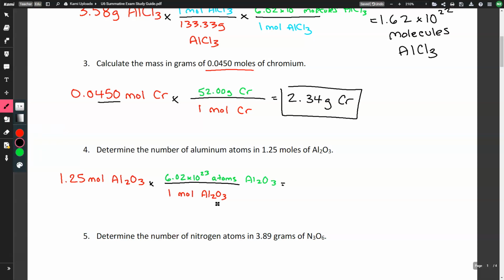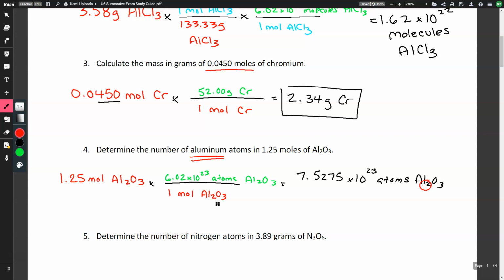So when we do this on our calculator, we get an answer of 7.5275 times 10 to the 23rd molecules. Well, it doesn't matter, they're particles one way or another, of Al2O3. But if you look on here, it's asking for specifically aluminum atoms.